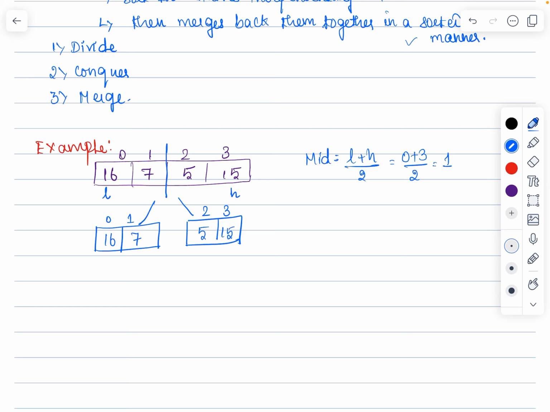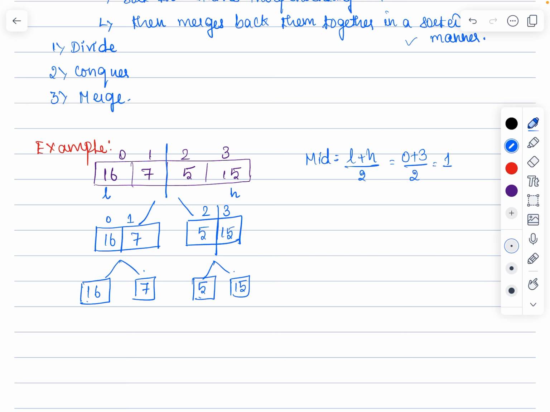Again identify the midpoint, and this would get divided into 2. So in the left subarray there would be only 16, and in the right subarray only 7 would be there. Then again if you divide this subarray, this is going to be the midpoint. After dividing it, there would be only 5 in the left subarray and 15 in the right subarray.